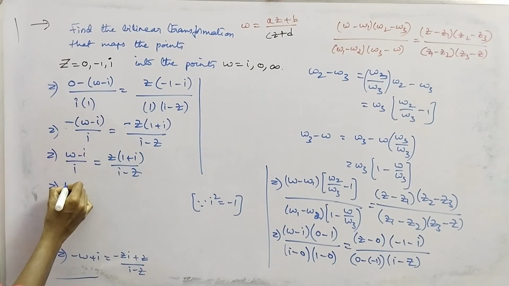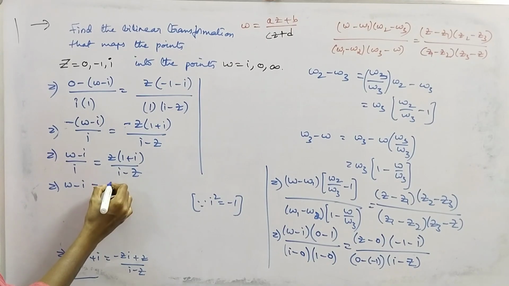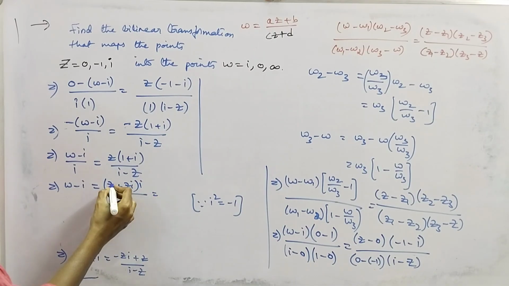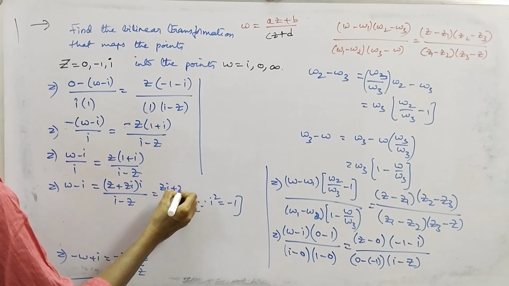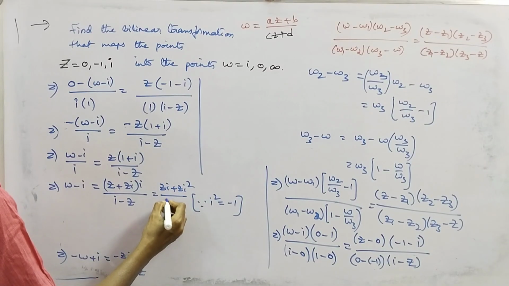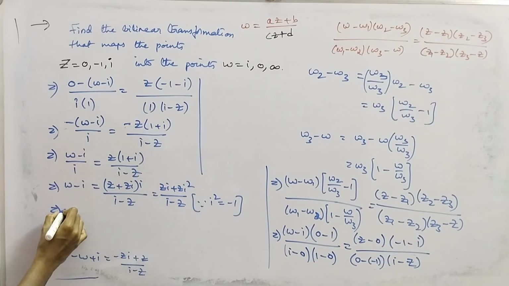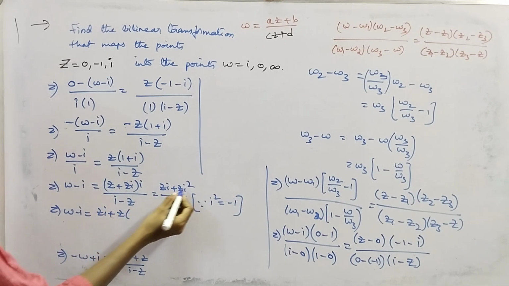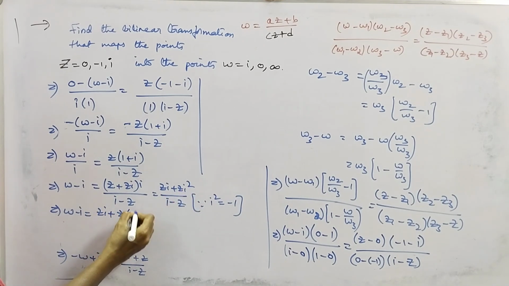Now take this I to RHS, you will get omega minus I equal to z plus zi into this I by I minus z, which is equal to zi plus zi into I square by I minus z. This gives us omega minus I equal to zi plus z into, we know that I square is minus 1.